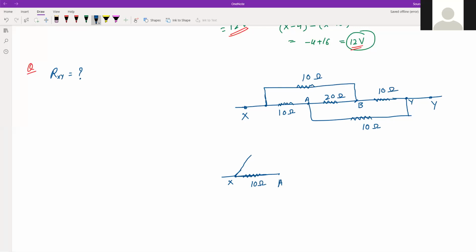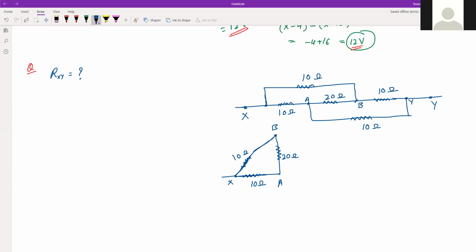Through the second path, when I travel, again there is a resistance of 10 ohms, and I reach the junction B after the 10. And between A and B, there is a resistor. How much is that? That is 20 ohms.